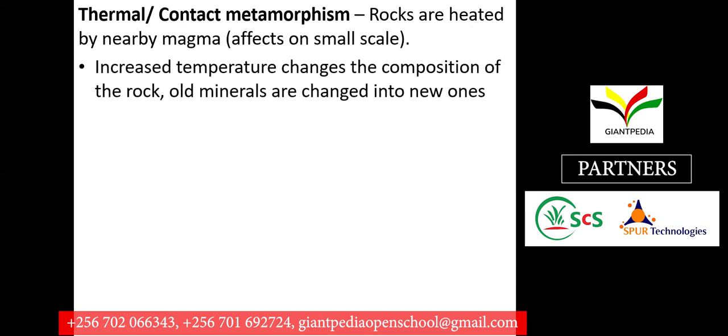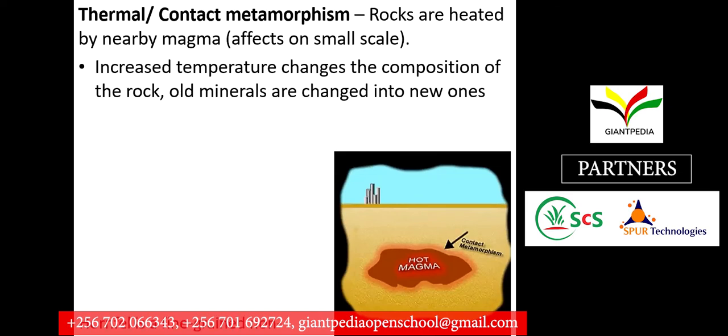So we're saying that increased temperature changes the composition of the rock. Old minerals are changed into new ones. The minerals are changed, physically and chemically. So the hot temperature changes the composition of the rocks.